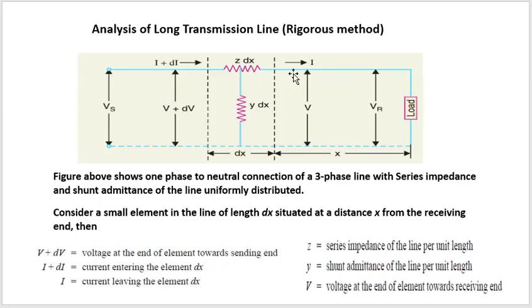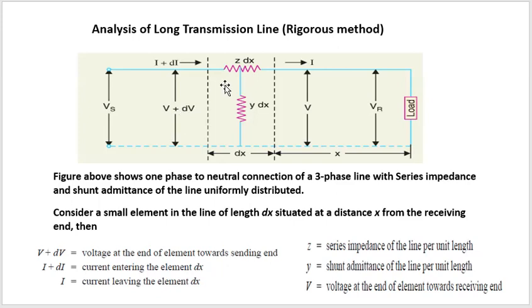Now the current which is leaving the section dh will be I, and the voltage after the section dh will be V. The current which is entering the section dh will be I plus dI, while the voltage towards the sending end will be V plus dV.